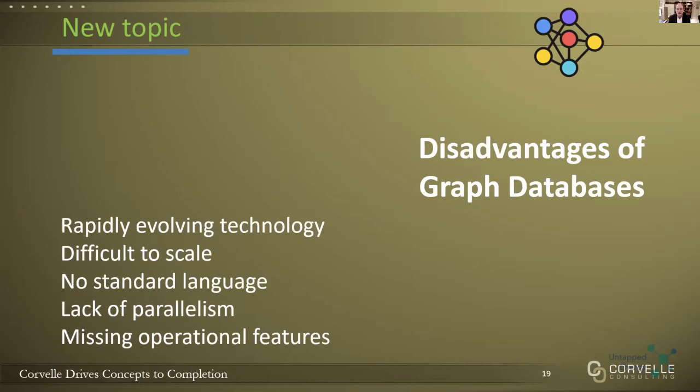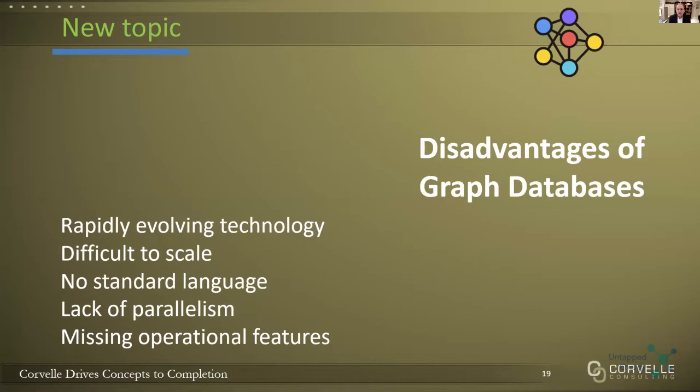There's no standard language in the graph world yet, although one is emerging, as we'll discuss. There's a lack of parallelism in some of the products. That may or may not be a problem for you, depending on the application that you're looking at. And there are missing operational features that we're used to in the relational world.